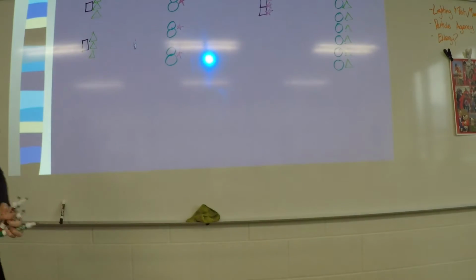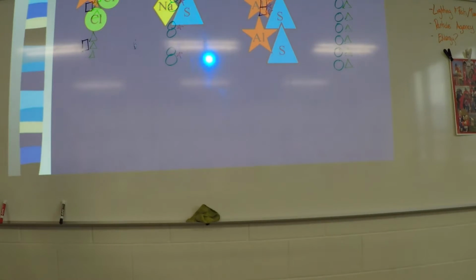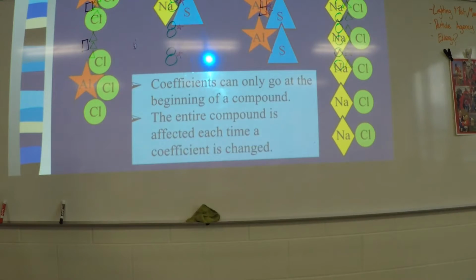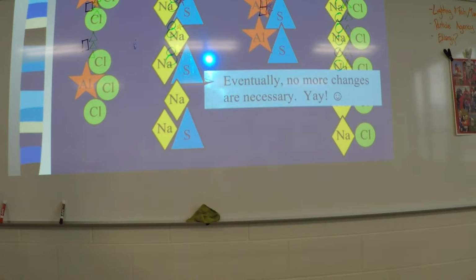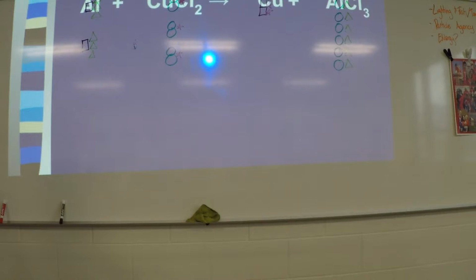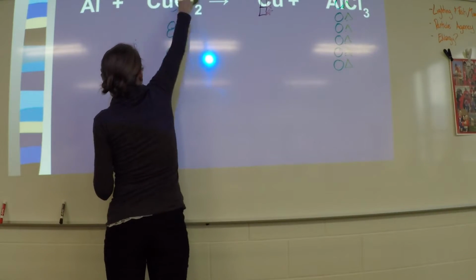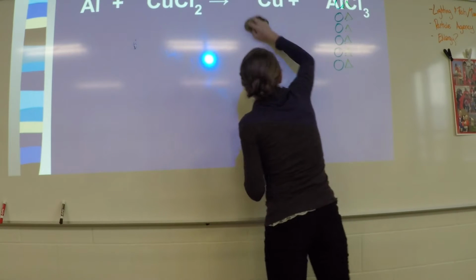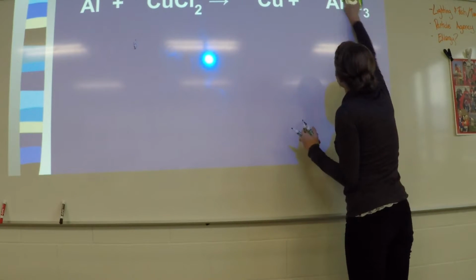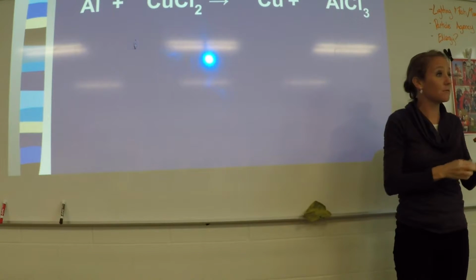Okay, now I'm going to show you a little bit more mathematical approach. With this equation here, another method you can use to help you balance is, once again, we still need to keep track of total how many of everything we have.